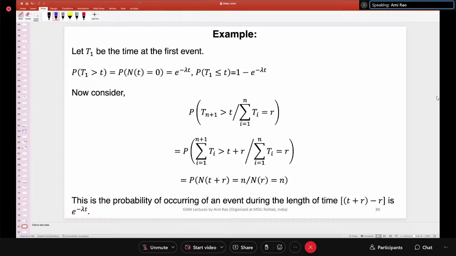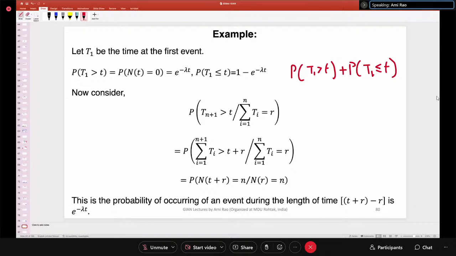Maybe I should write this down here. This means the probability T1 greater than t plus the probability T1 less than or equal to t, isn't it? Only two possibilities are there. There is no other possibility. The first event could occur beyond t. Say t is the third day of the clinic. You started a COVID clinic in the hospital.